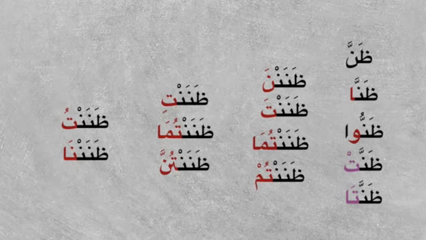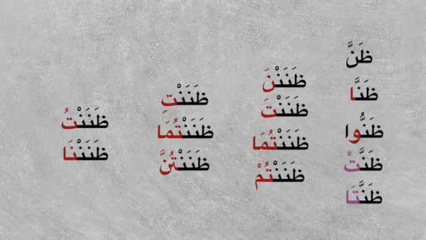So zanna, zannu, zannat, zannata, they thought. And from zananna, hunna, it becomes zananna, zananta, you thought, zanantuma, zanantum, you people thought, zananti, zanantuma, zanantunna, zanantu, I thought, zananna, we thought.